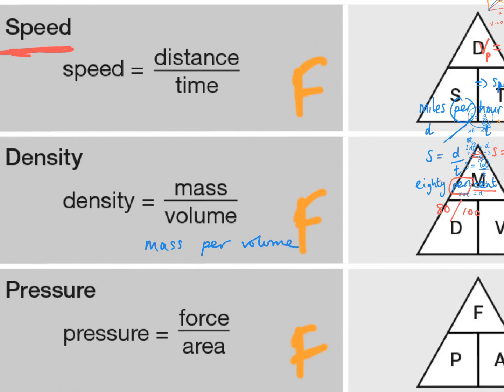So if you think about it, if you had a cuboid like so, and that's a given volume, if you can cram more mass into that given space, it's going to make it more dense, i.e. you're going to have more mass per given volume.